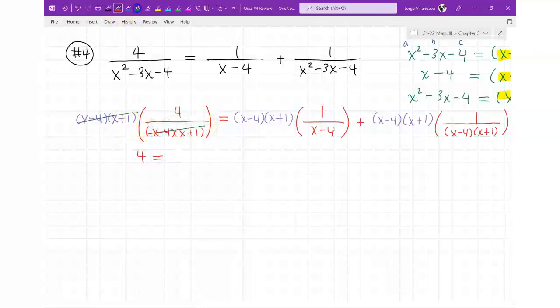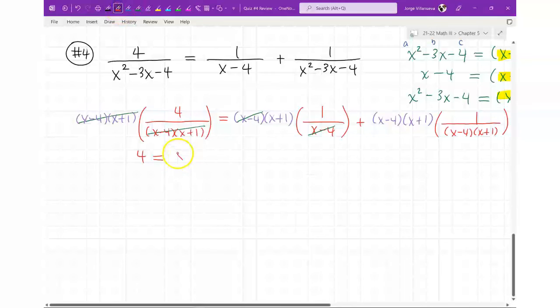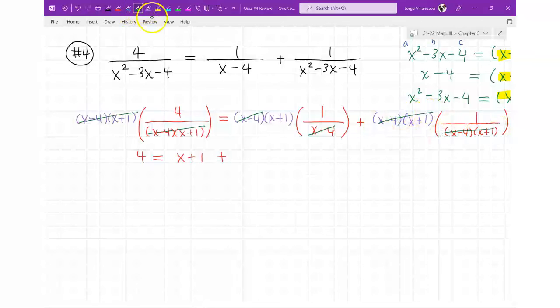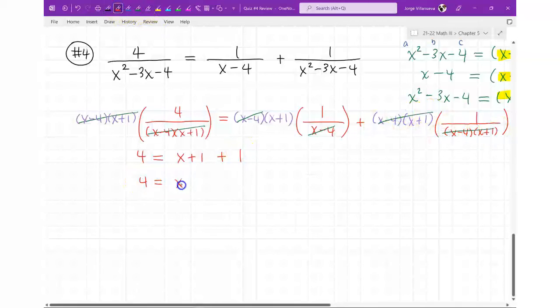What can I cancel on the next one? All right, so x minus 4 is gone. All that's left is 1 times x plus 1. So I'm just going to write x plus 1 because that's what 1 times x plus 1 would be. Plus, what can I cancel on the next one? All of it, right? It's all gone. So it's just a 1. Let me change this over. 4 equals x plus 2, right?